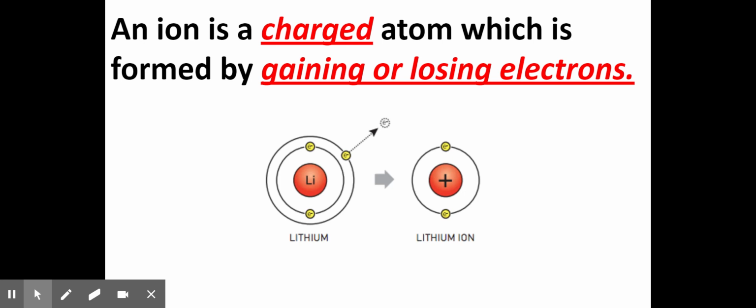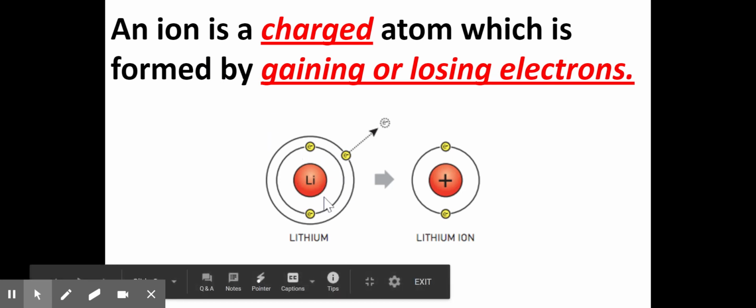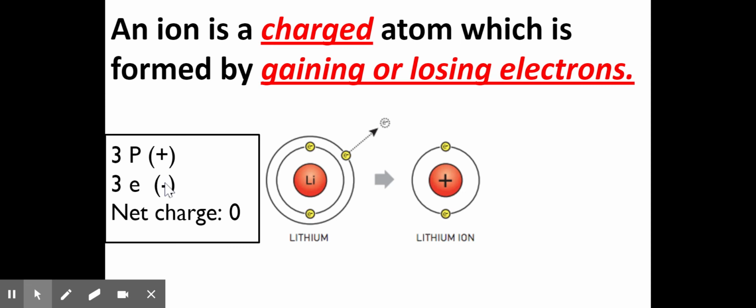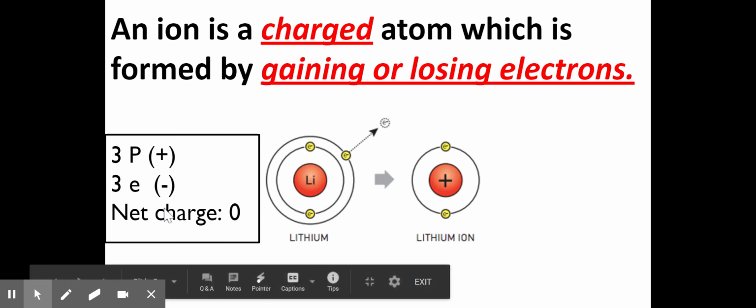The reason that an ion has charge is because an ion is formed by an atom gaining or losing electrons. Okay, originally lithium has 3 protons and 3 electrons. Its net charge is 0 because 3 positive and 3 negative cancel out. So this one we call a neutral atom. But this one is not stable.